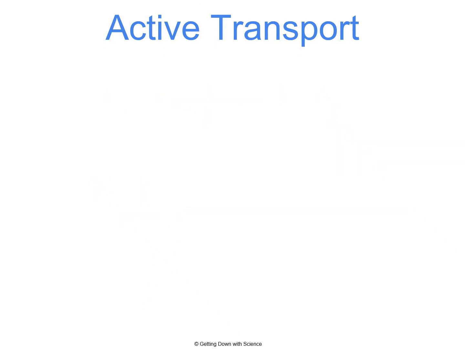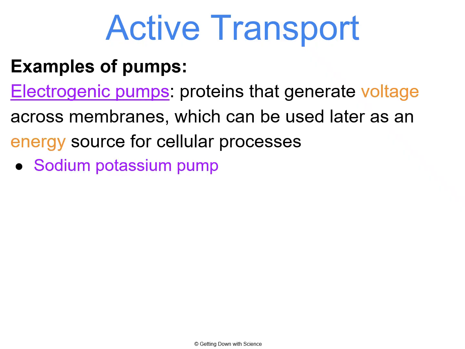And here are some examples of pumps. You have sodium potassium pumps. These pumps in general are called electrogenic pumps. Electrogenic pumps are proteins that generate voltage across the cell membrane, which can be used later as an energy source for cellular processes.